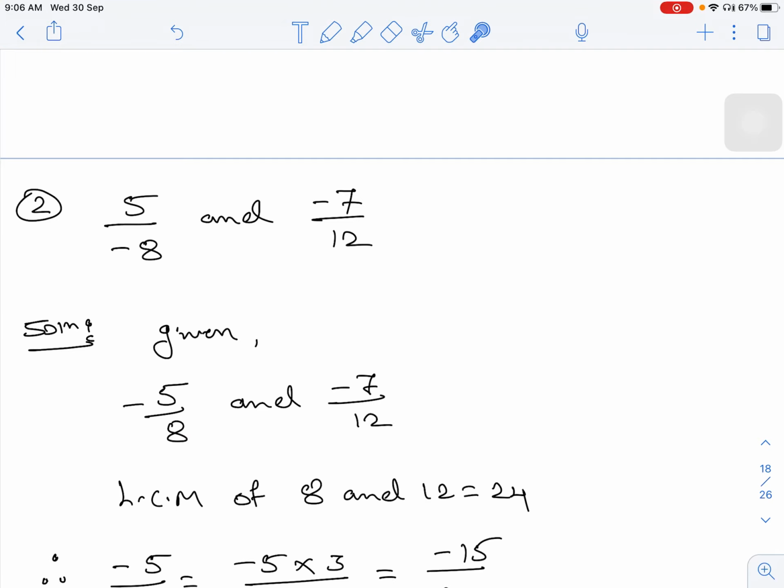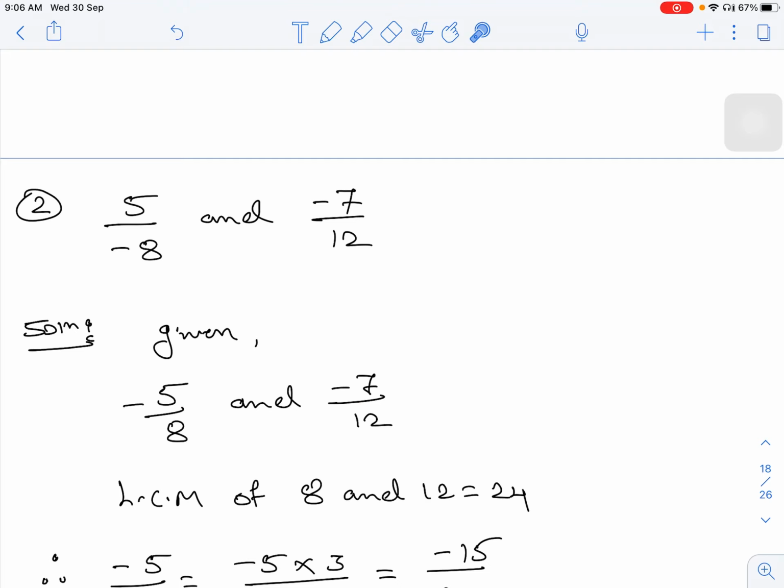Now again, both the numbers are having different denominators, so what we have to do, we have to make their denominators same, and to make its denominator same, we have to find its LCM. So LCM of 8 and 12 is how much? 24. LCM of 8 and 12 is 24. Now what we will do, we will make this 8 also as a 24 and this 12 also as 24.